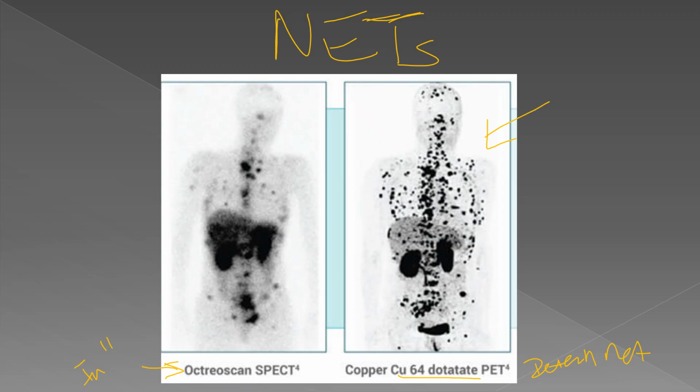When I say better sensitivity, it's because you're seeing a lot more of these tumors that are not being picked up at all on the SPECT study, all these ones in the head. You're not seeing them at all on the SPECT study. So the test itself is not as sensitive at finding tumors because the imaging system is not as sensitive at finding the radiation. But with PET, it is. So you have improved sensitivity and spatial resolution over regular nuclear medicine imaging and over SPECT.